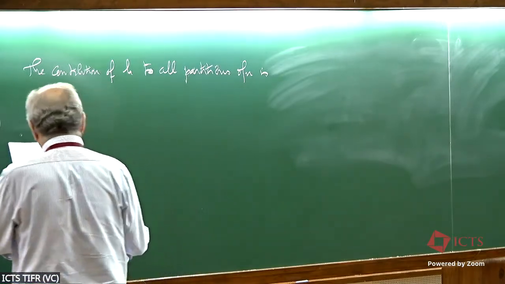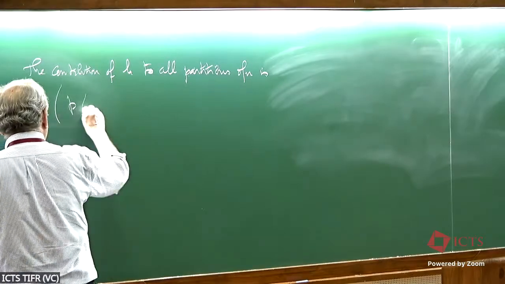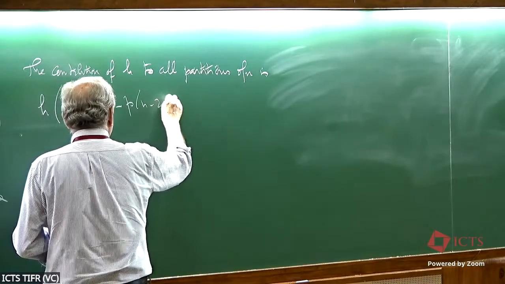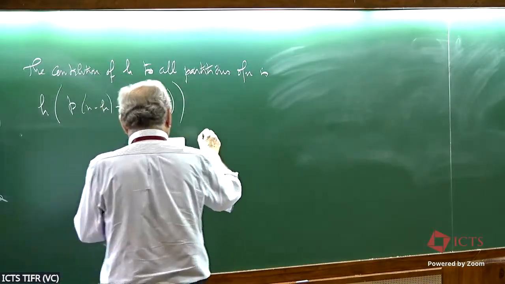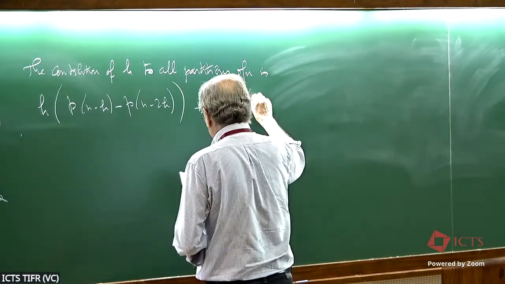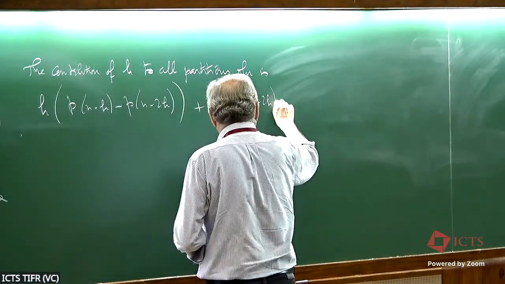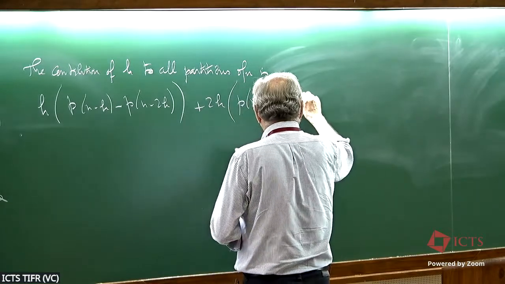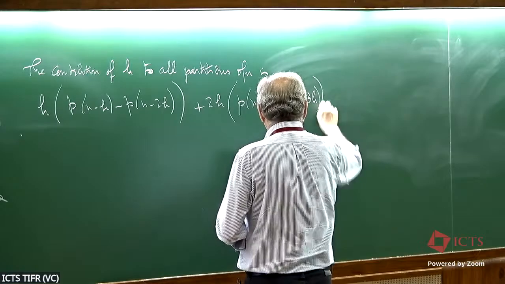So it is h times Pn minus h minus Pn minus 2h plus 2h blah, blah, blah. Okay, when you have 2h, this will be P of n minus 2h minus P of n minus 3h and so on.